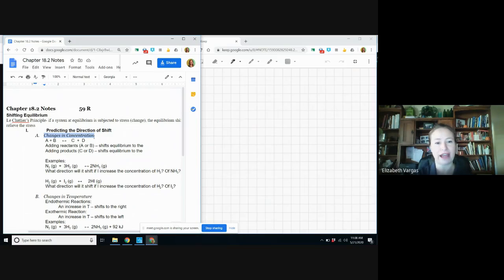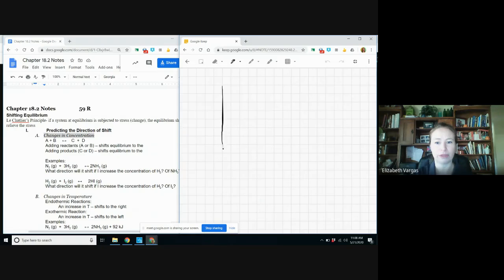Okay, so what are the changes that we can make? The stresses that we can put on the system are changes in concentration. So basically adding something. So I'm going to come over here and draw our equilibrium system again. So we had our reactants, which were going down. I'm going to draw a little different one this time than the last one. They decrease fast initially, and then the slope kind of levels off.